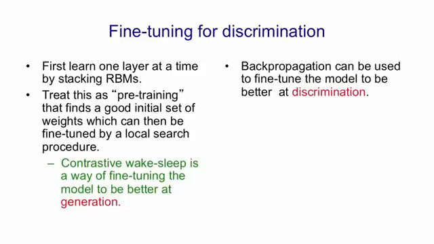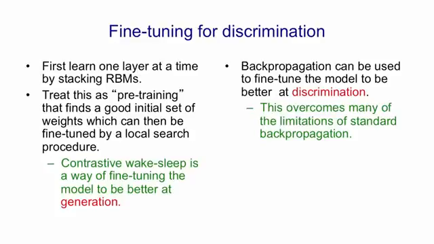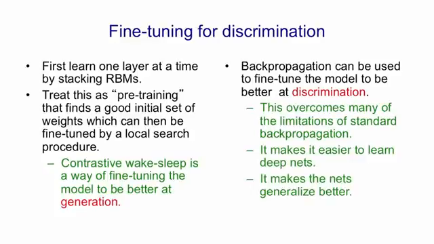In this video, we're going to use backpropagation to fine-tune a model to be better at discrimination. If we do this, it overcomes many of the standard limitations of backpropagation. It makes it much easier to learn deep nets, and it makes those nets generalize better.